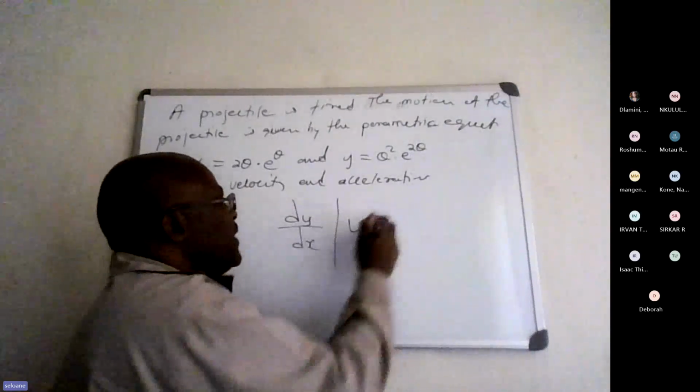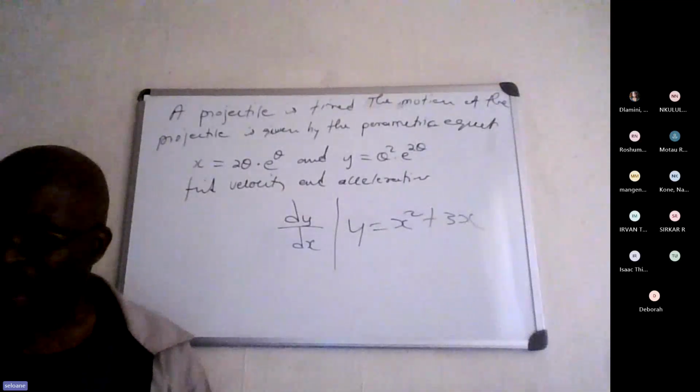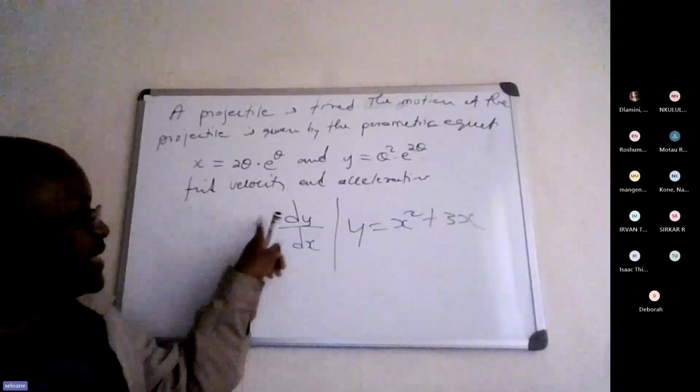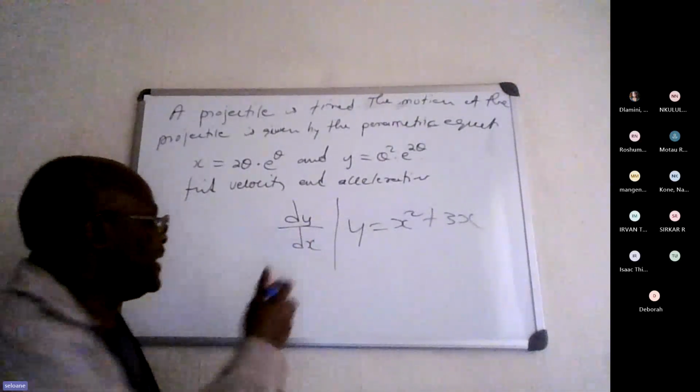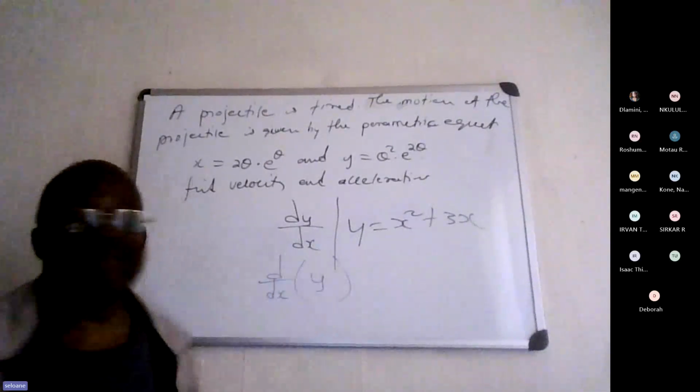We can say y equal to x squared plus 3x, and whatever. Now, this notation dy dx is d by dx of y.